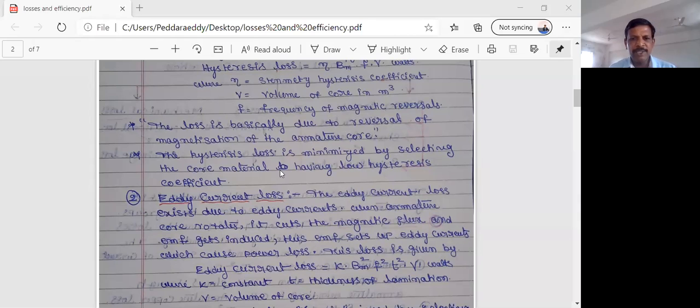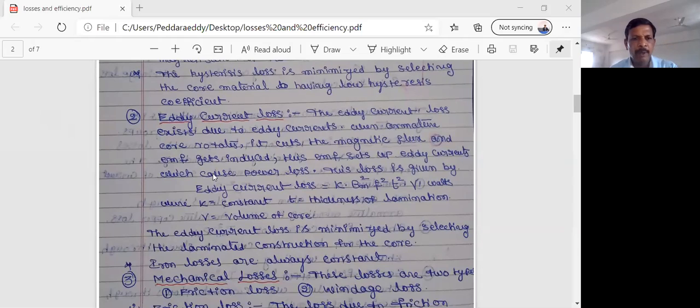The hysteresis loss is minimized by selecting a core material having a low hysteresis coefficient, like silicon steel. Silicon steel has a low hysteresis coefficient. That's why we always prefer silicon steel for laminations in transformers or generator cores.